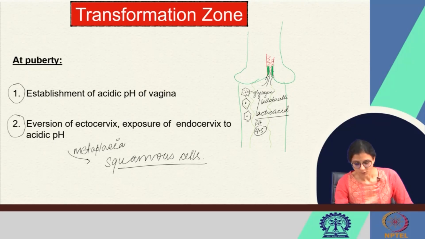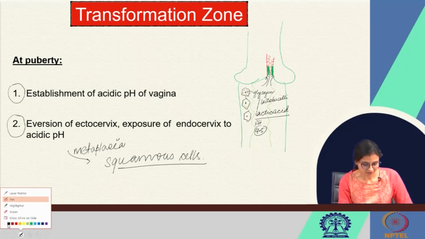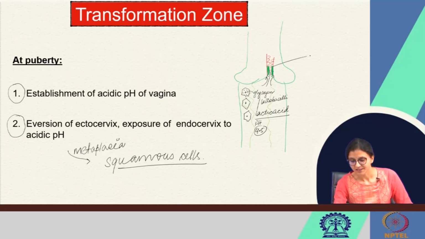Now, the squamo-columnar junction changes and it comes here. This is the new squamo-columnar junction. Previously this was the squamocolumnar junction, which is known as the old squamocolumnar junction or the original squamocolumnar junction.